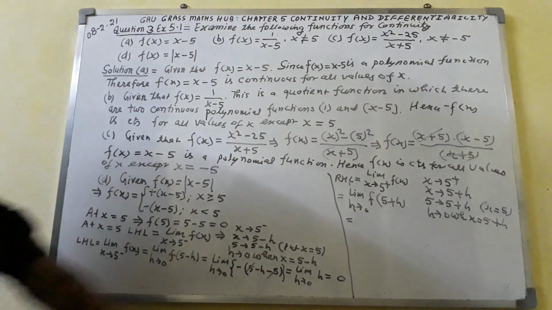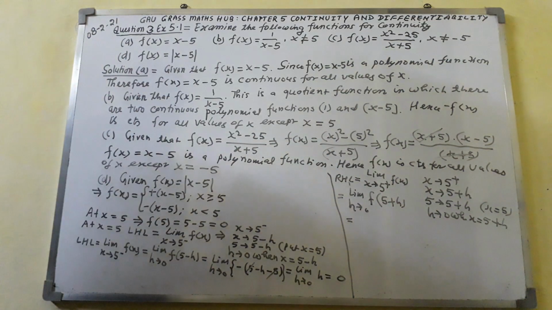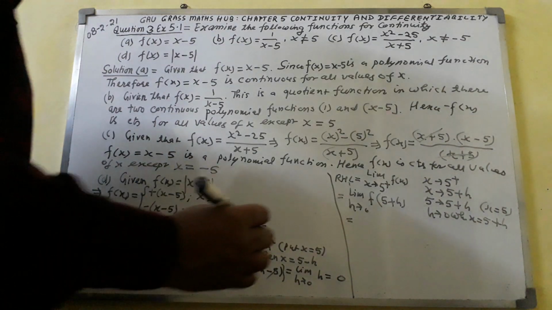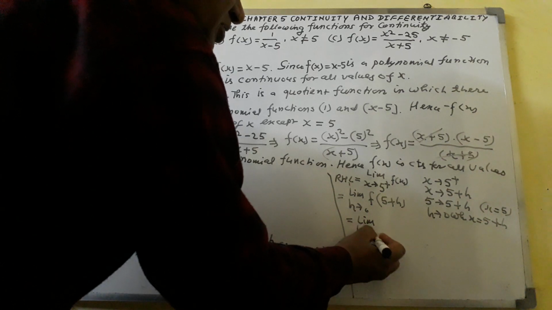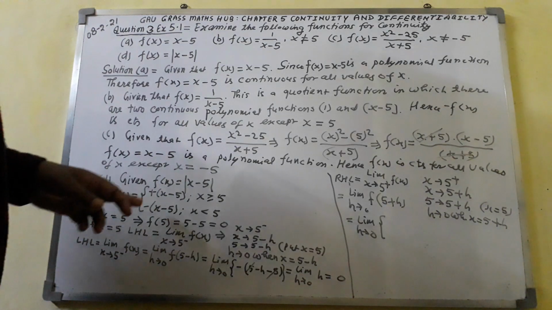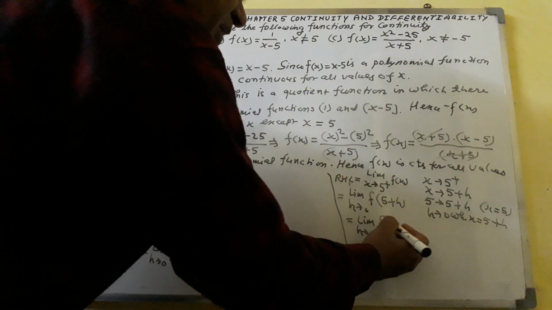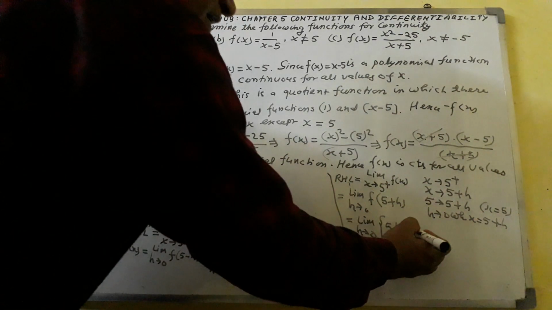Now think over the value of x. The value of x must be more than 5. So I shall take this function, x minus 5. In place of x I shall put 5 plus h. So the limit as h tends to 0 of 5 plus h minus 5.